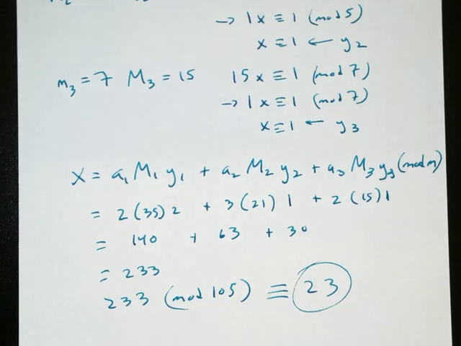I have 23 eggs. If I pick them up 3 at a time, I'll have 2 left over. If I pick them up 5 at a time, I'll have 3 left over. Pick them up 7 at a time, I'll have 2 left over.